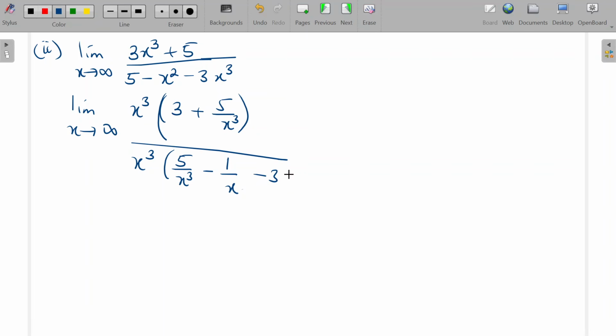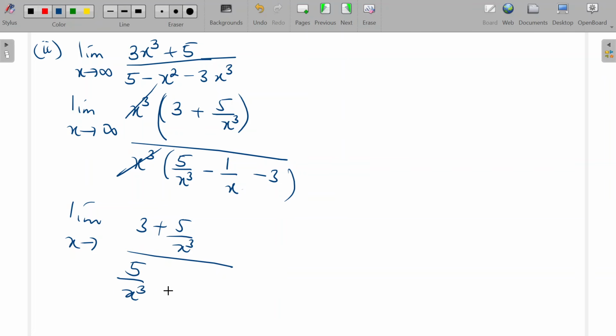Okay, so after it does that, this and this will cancel. You're going to remain with limit as x approaches infinity of 3 plus 5 over x to the power 3 over 5 over x to the power 3 minus 1 over x minus 3.